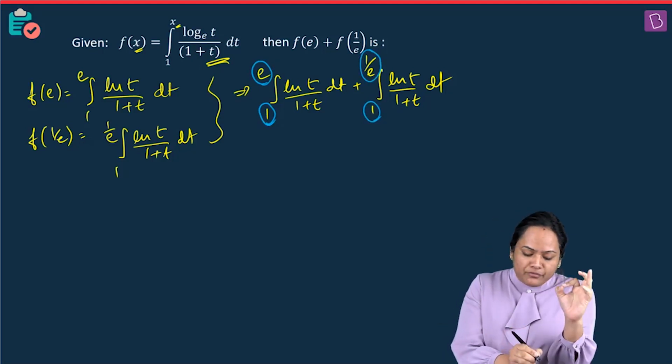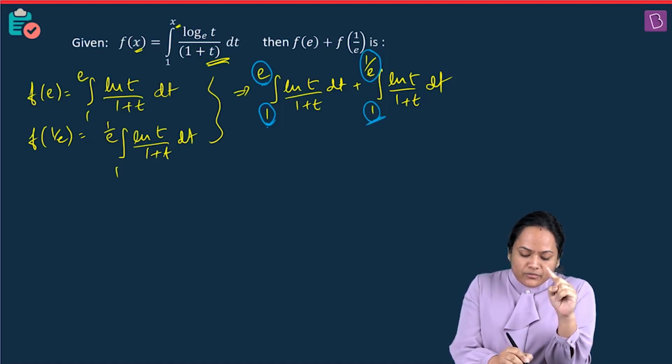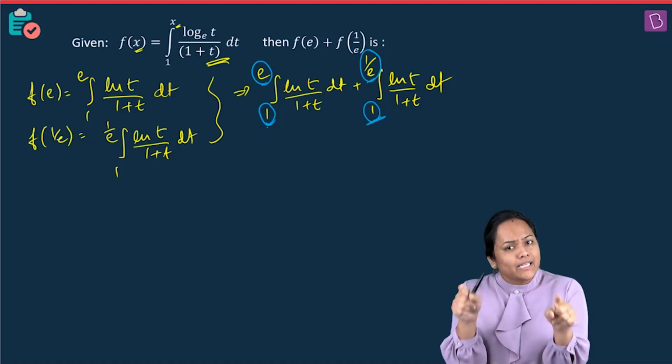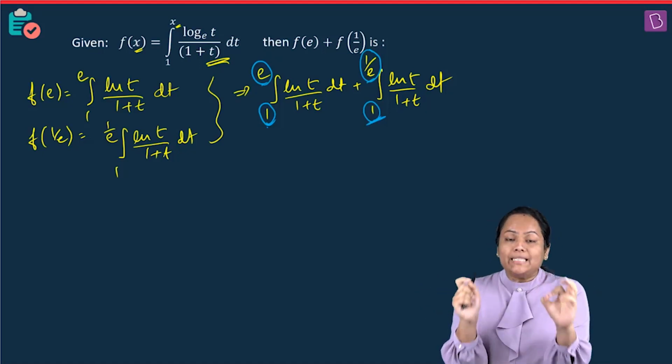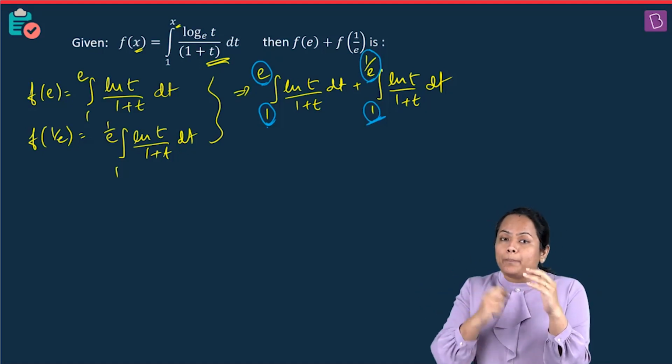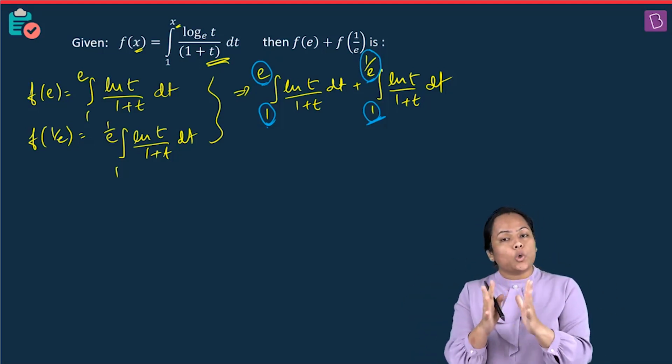That means in the first integral, it's from 1 to e, while in the second integral, it's from 1 to 1 by e. Are these two limits the same? Well, no. So my target first of all is to make the limits the same. Rest of the terms definitely will get adjusted accordingly.